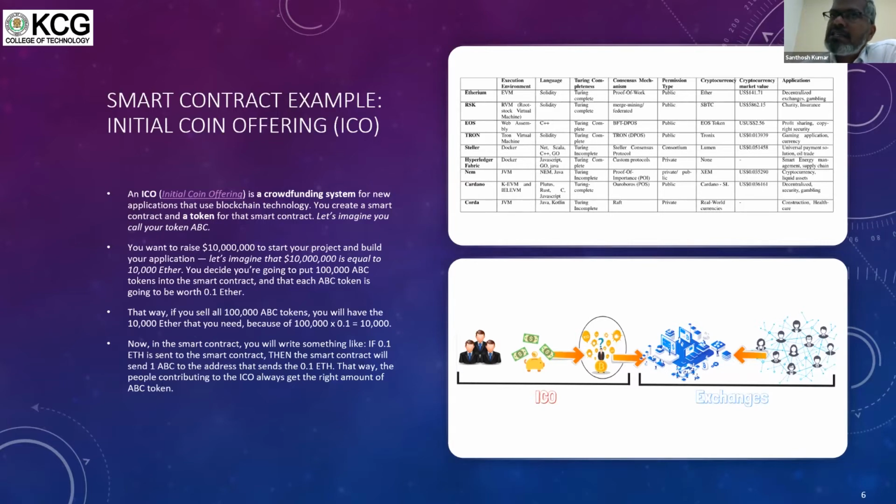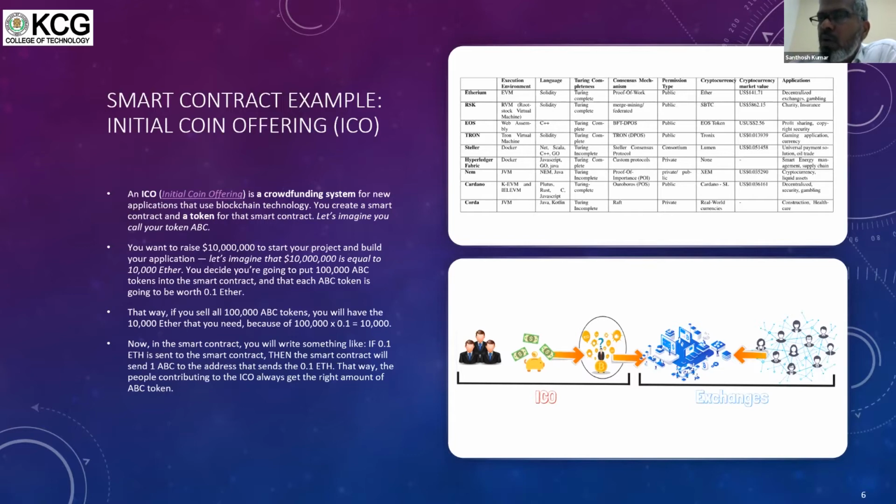Let's say your satellite launch is successful and you're able to make double the revenue, so let's say you get revenue of 2 crores. In that case, the people who funded you initially would get a percentage of the profits back, because there should be some incentive for the participating entities to invest in your idea.